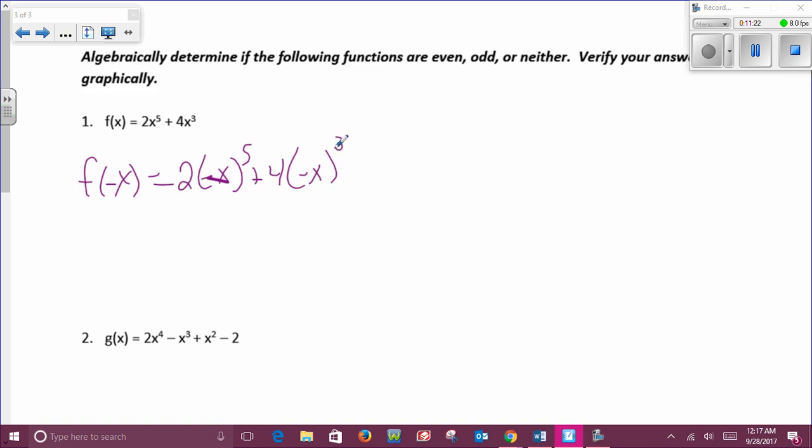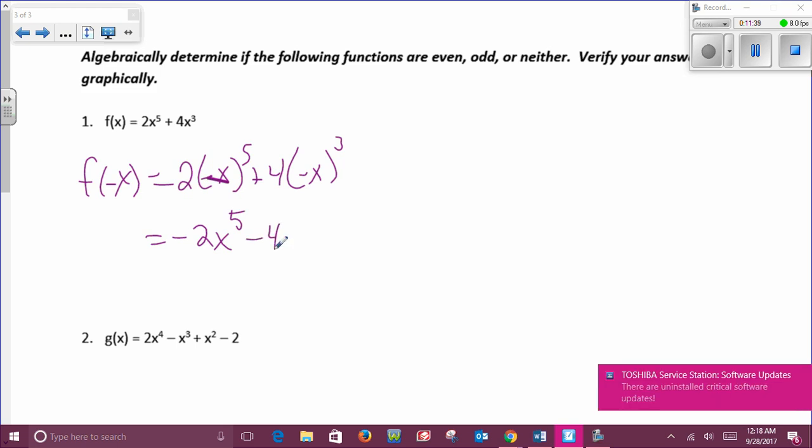Negative x to the fifth is negative 1 times negative 1 times negative 1 times negative 1 times negative 1. If I have an odd number of negatives, it's going to be negative, so it's negative 2x to the fifth. And same thing with negative x to the third, it's negative, so it's minus 4x to the third.